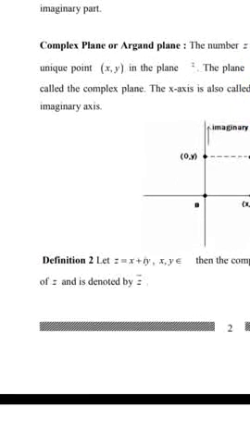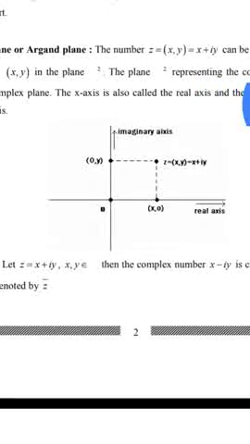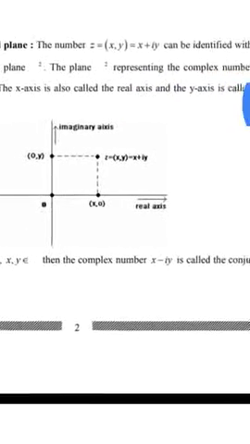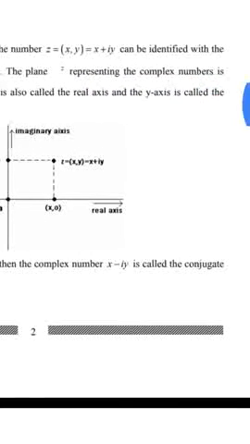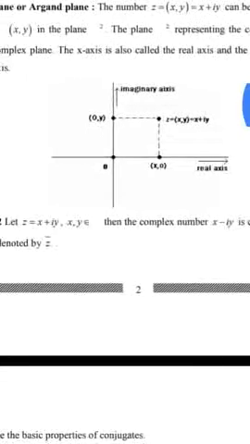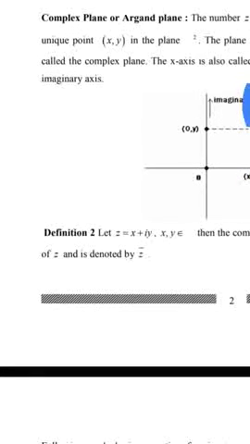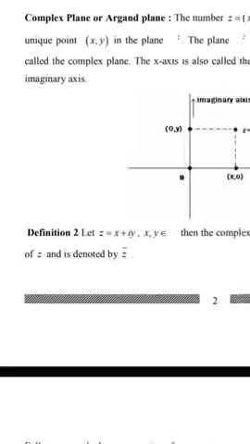Complex plane or Argand plane. The number z is equal to (x, y) is equal to x plus iy can be identified with the unique point (x, y) in the plane.